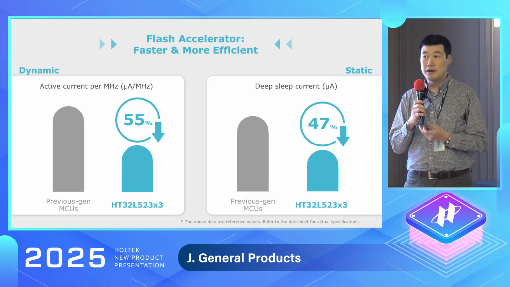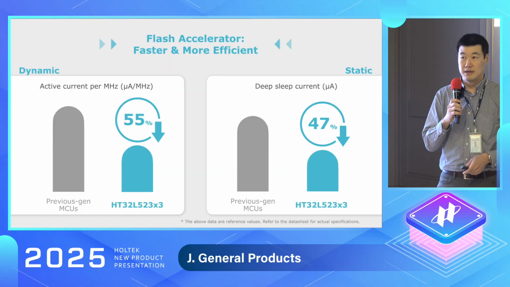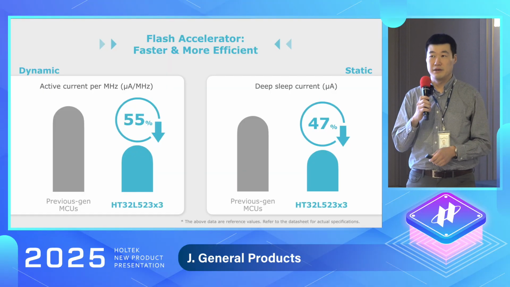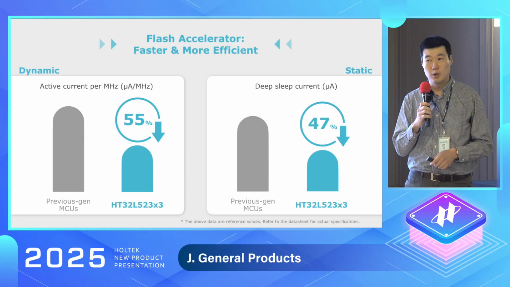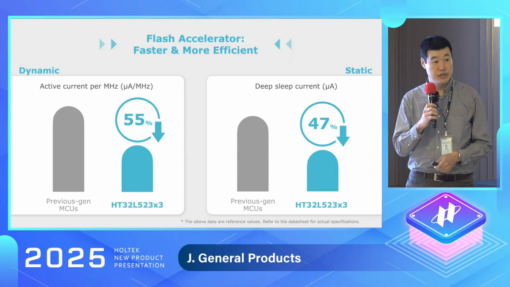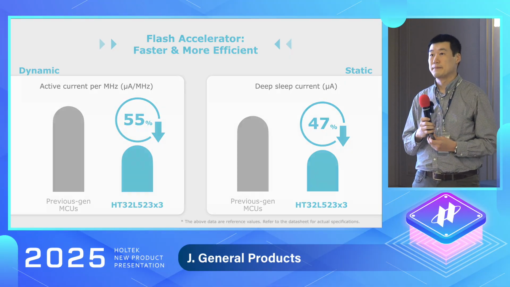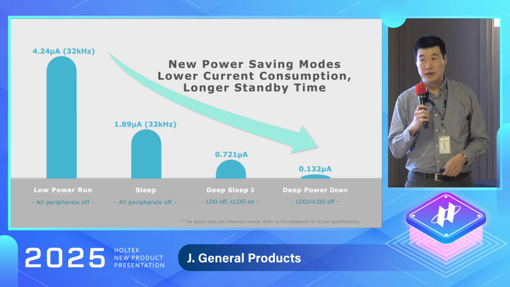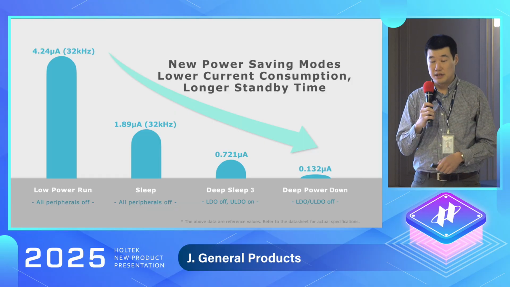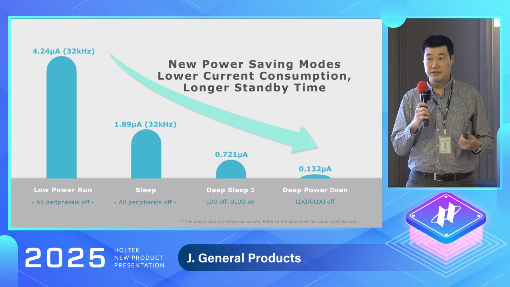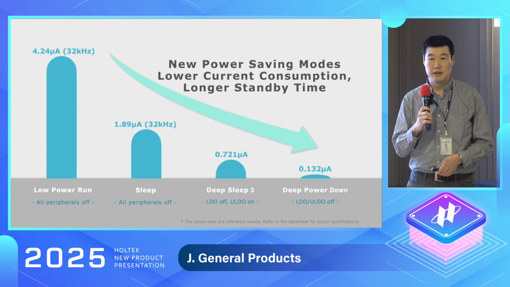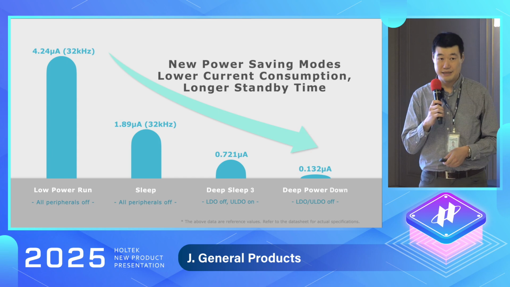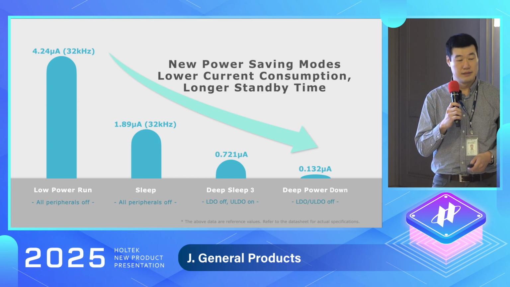If we talk about deep sleep current, our new product has a 47% lower than previous generation. That is quite attractive. So we have a wide range of power saving mode. You can select it. In deep sleep 3 mode, the power consumption is less than 1 microampere.